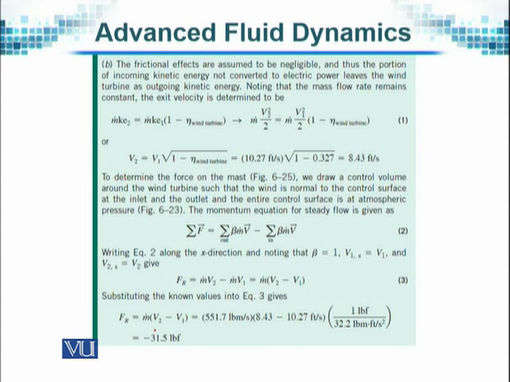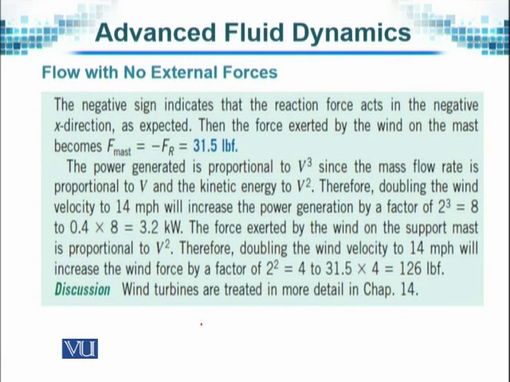Taking the other effects also into account, we obtain that FR, the reaction force, turns out to be 31.5 pound-force. And there is a negative sign attached to this. This only shows that this force is in the opposite direction to the direction in which the fluid, the air, is moving. They have also shown it here, and this is to be expected.